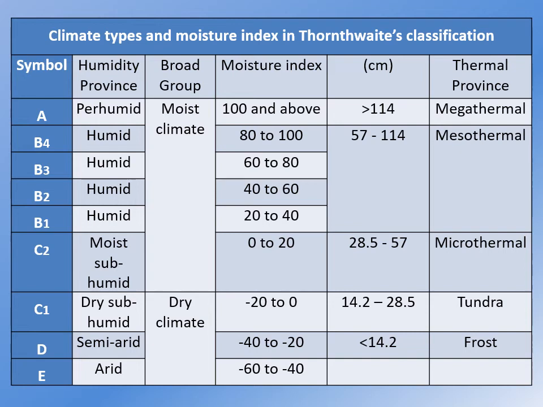He proposed different humidity provinces such as the perhumid, symbolized by capital A, the humid conditions, symbolized by capital B, the subhumid conditions, symbolized by capital C, semi-arid, capital D, and arid, capital E. Now, among these humidity provinces, the A and B and C2 have the moist climate, whereas the C1, D and E, these three have the dry climatic conditions.